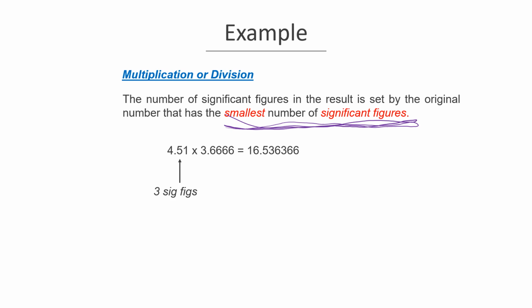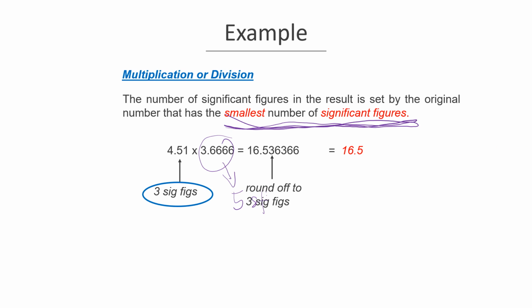So here we have 3 significant figures, and here we have 5 significant figures. So we have to take the smallest number of significant figures and round off the final answer to 3 significant figures and get the answer as 16.5.